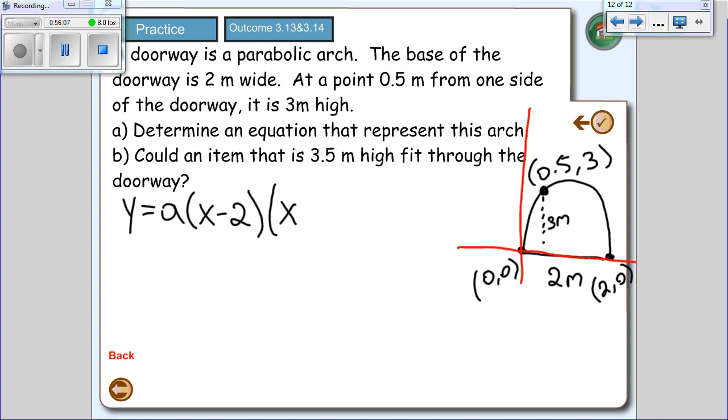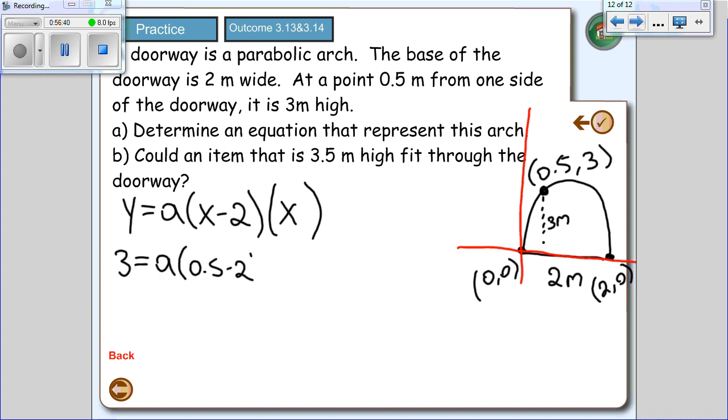Finding an a value. Use your point on the graph. So 3 is equal to a times 0.5 minus 2 times 0.5. If you plug that in, you're going to get negative 4 is equal to a.